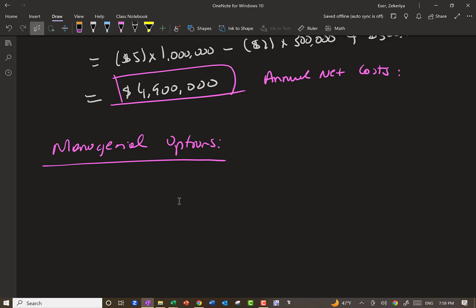No, not 2 million. 200,000 units. We're selling it at 12. So that would be $2.4 million less, right?